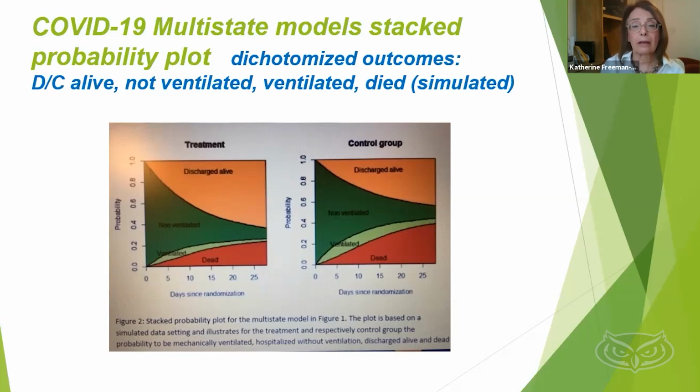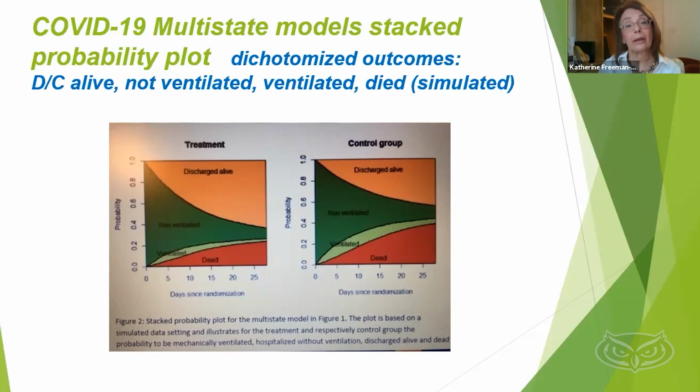And you could see, for example, that those who died appear to be greater in the control group than in the treatment group. And in the treatment group, conversely, perhaps those who are discharged alive are greater.